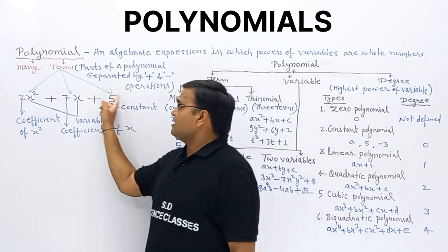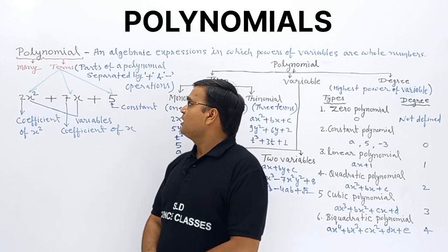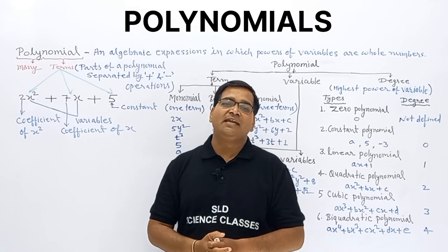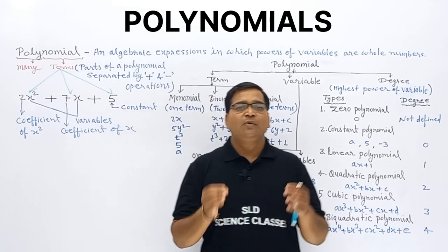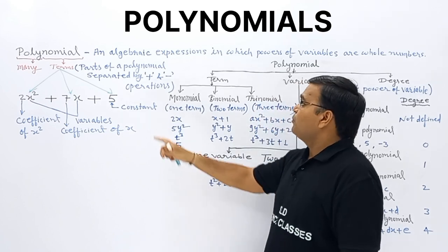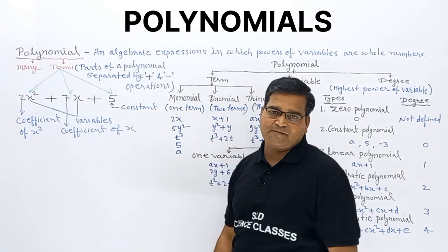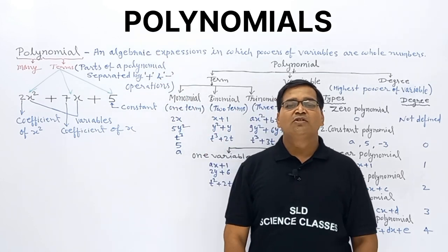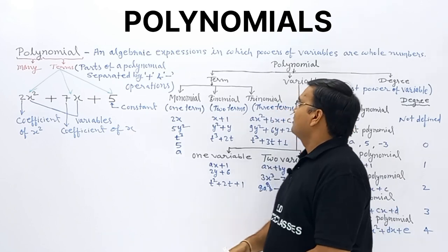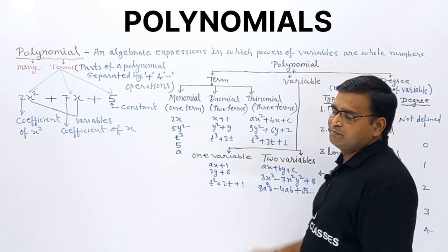So this is one polynomial, but how do we define a polynomial? Polynomials have many terms, that's okay, but we want the definition of polynomials. So how will we say it? Polynomials are algebraic expressions in which powers of variables are whole numbers.